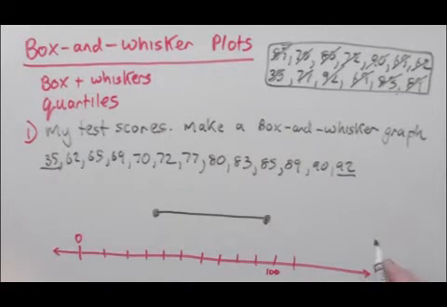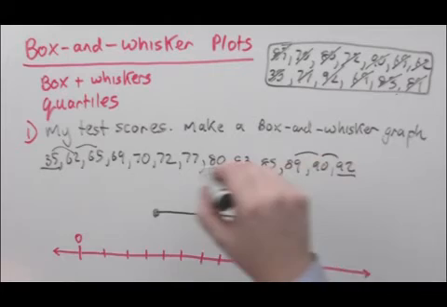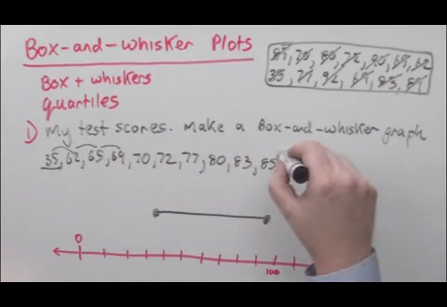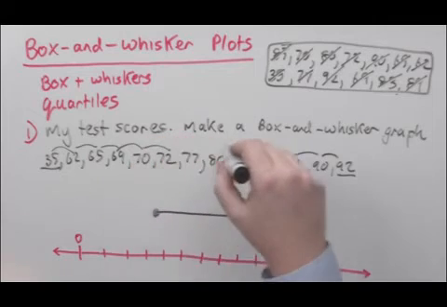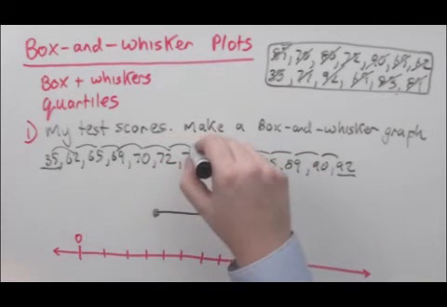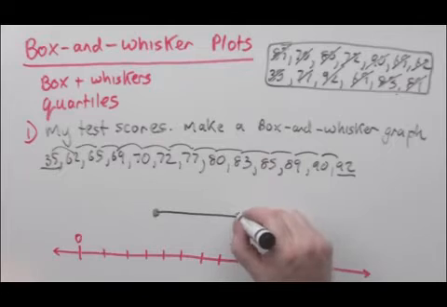Now I have to get the median number of my set. Counting in from both ends, 1, 2, 3, 4, 5, 6, it meets at 77, so I don't have to add two numbers and divide. 77 is the median number.